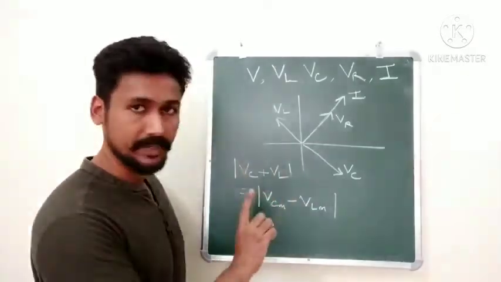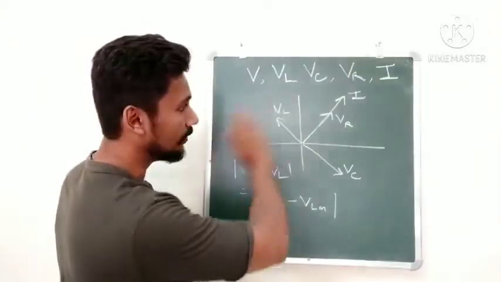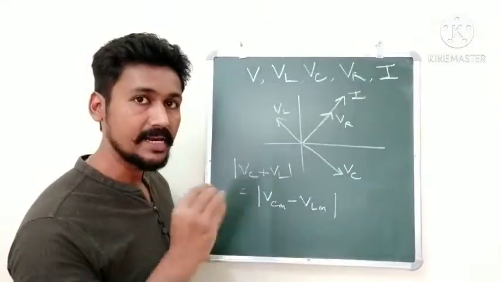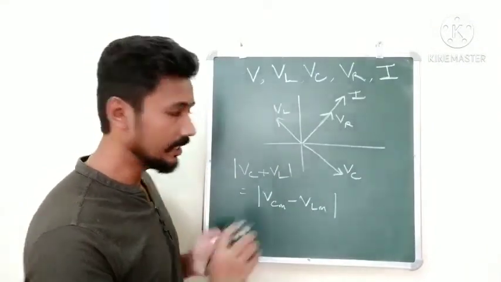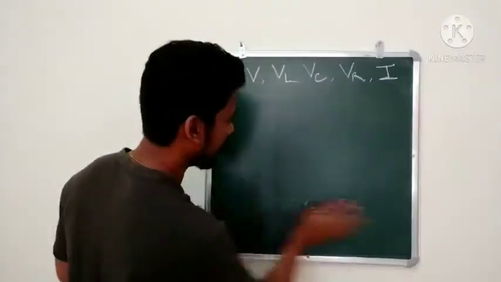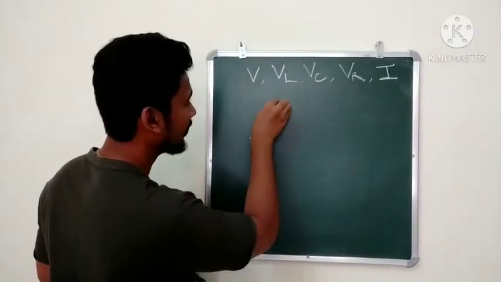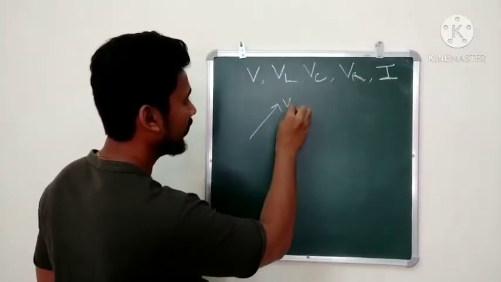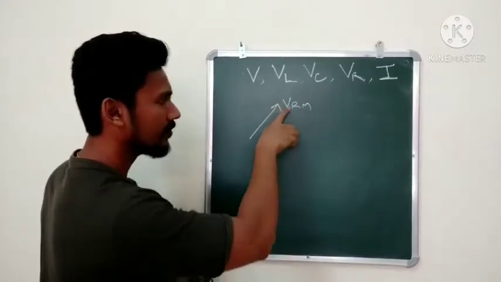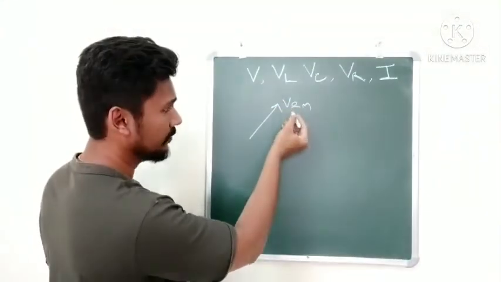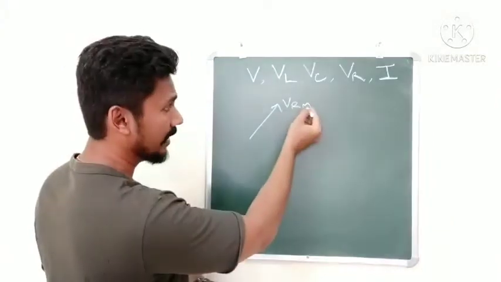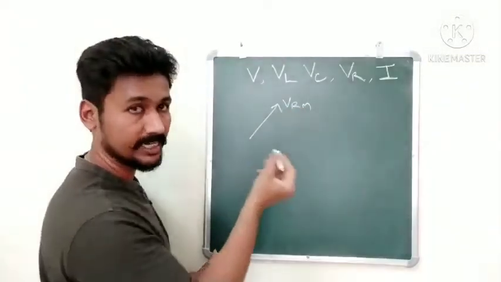Now remember this. Now I am going to replace this phasor diagram by a diagram which will help us find out the relation. Let us make one vector, that is VRM. What is VRM? It is nothing but the peak voltage for the resistance.